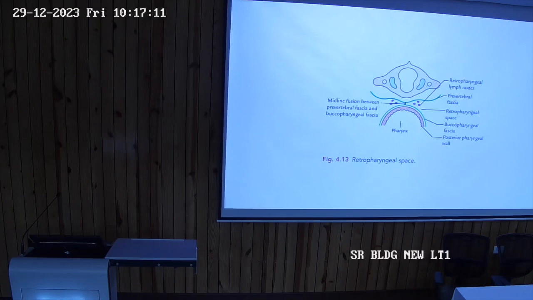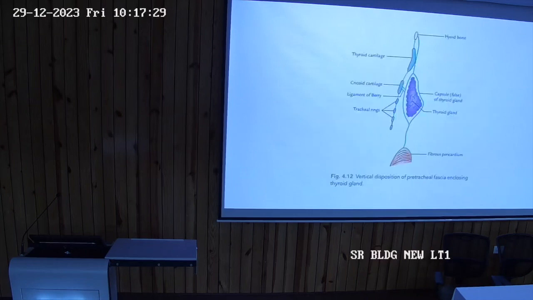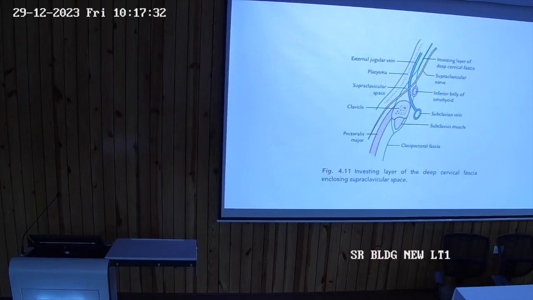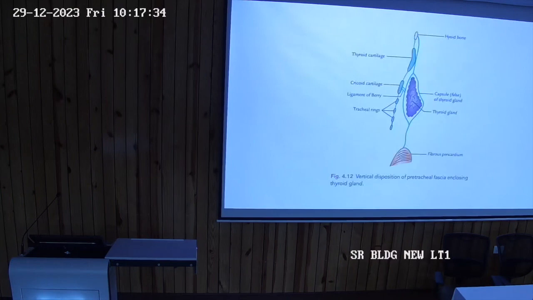So just anterior to the prevertebral fascia, what do you have? You have the pharynx surrounded by a fascia which is called the buccopharyngeal fascia. Okay? The diagram is not given here, Dr. Puneet must have forgotten to put it in. Anyway, there is a layer of the vertebra, and in front of it there is a fascia which is called the prevertebral fascia.